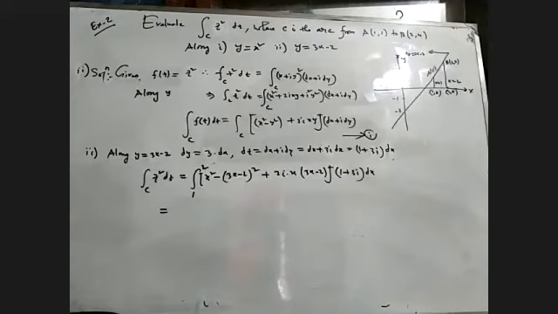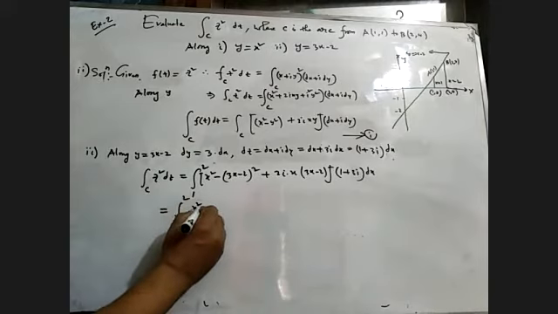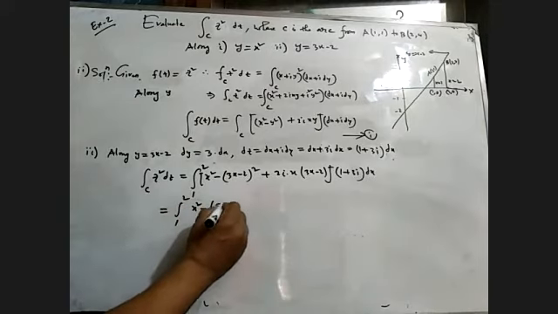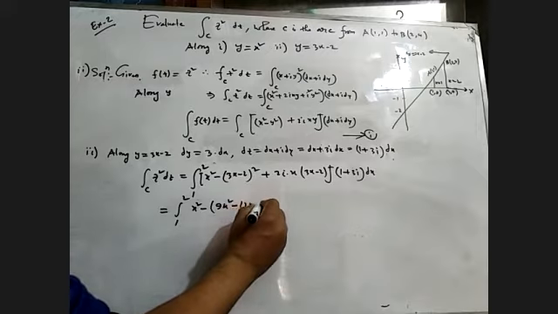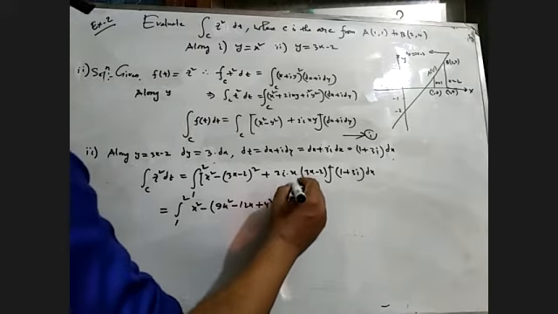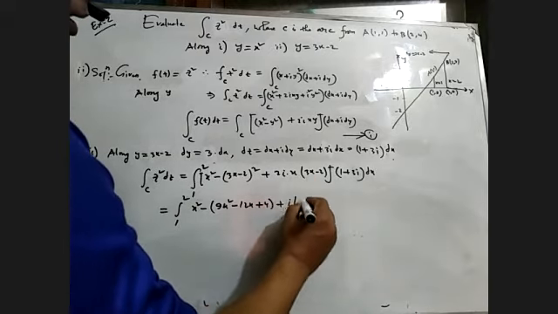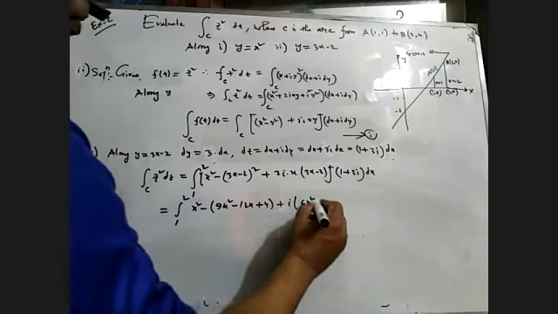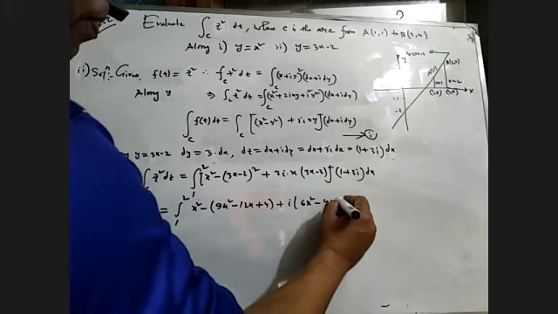Just use the a minus b whole square formula to break this. 1 to 2, x square minus 9x square minus 12x plus 4, plus i into 6x square minus 4x.